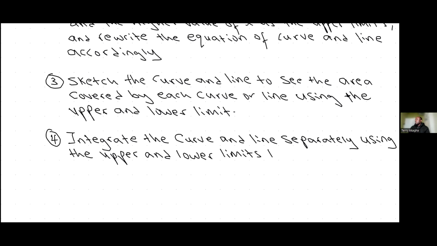So you use this so as to get the corresponding area value.